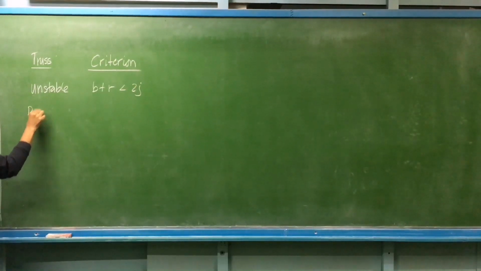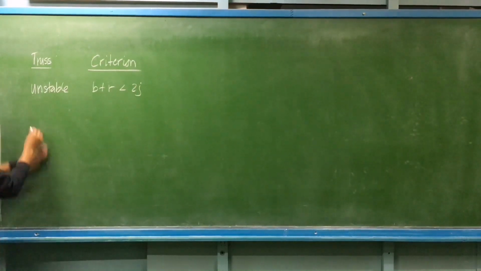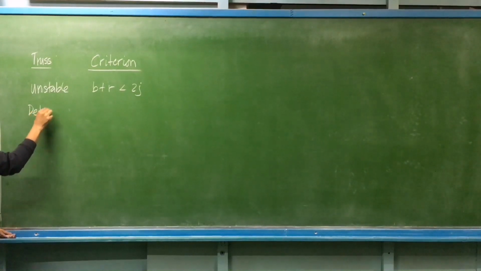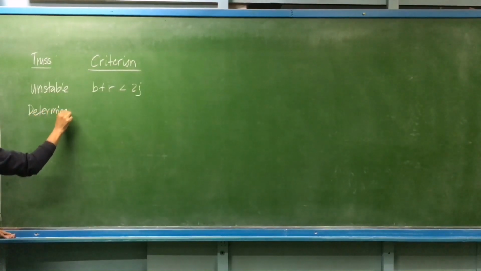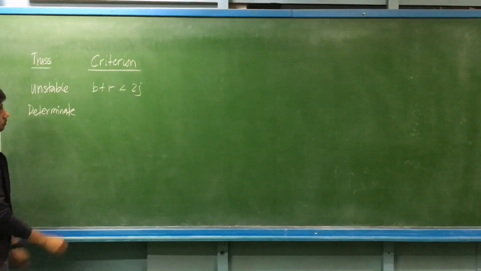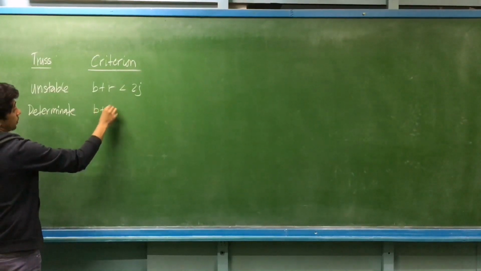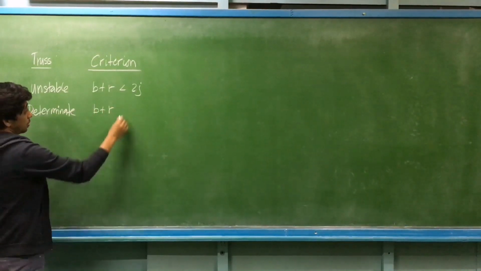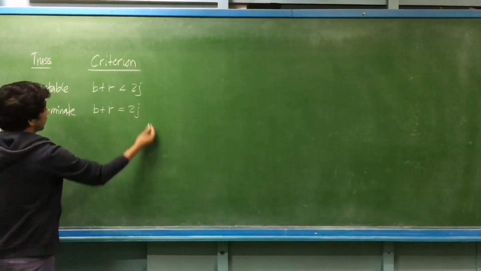Then we have determinate truss. A truss is said to be determinate if the number of bars plus the number of support reactions is equal to twice the number of joints.